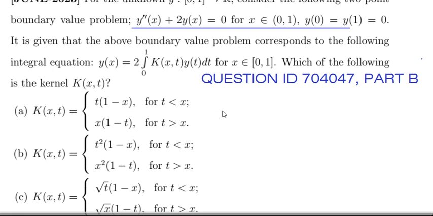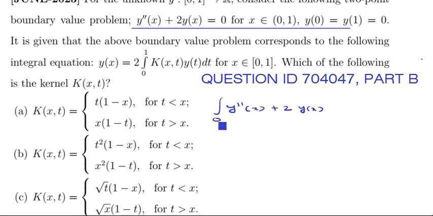So we take y double dash of x plus 2 times y of x, integral between 0 to x, dx equal to 0. We can take some other variable t.